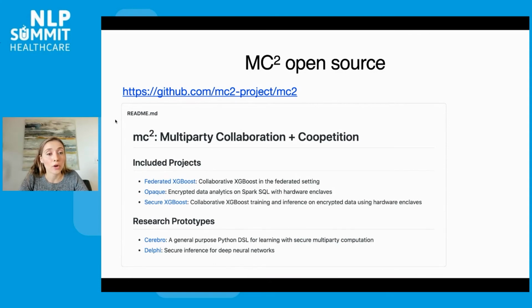And we have a number of projects that are actively being maintained and that we provide support for. Those are XGBoost, which is a common decision tree library, and Opaque, which is Spark SQL analytics. So we support this in a private, privacy preserving and collaborative way.